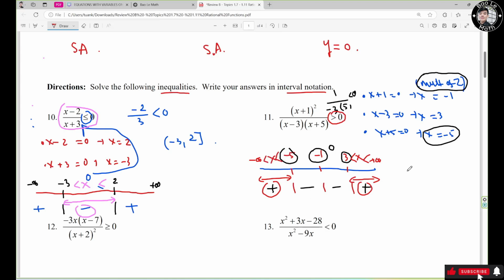Writing this in interval notation, it should be negative infinity comma negative 5. I need to put parentheses because I don't see any equal sign here. Union 3 to positive infinity.